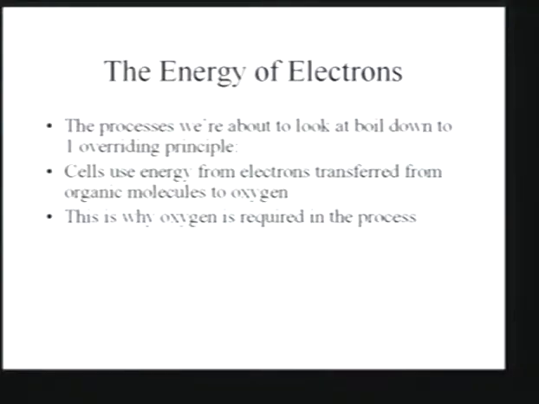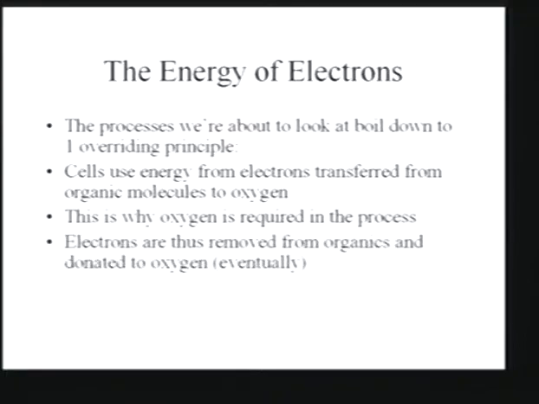This is why oxygen is required in the process. You've got to have some place to pass those electrons off to once you're done with them. Once you've released the energy of those electrons and captured it as ATP, you've still got these electrons left over. You've got to get rid of them. You dump them off to oxygen. In doing so, you generate water. That's why water is one of the byproducts.